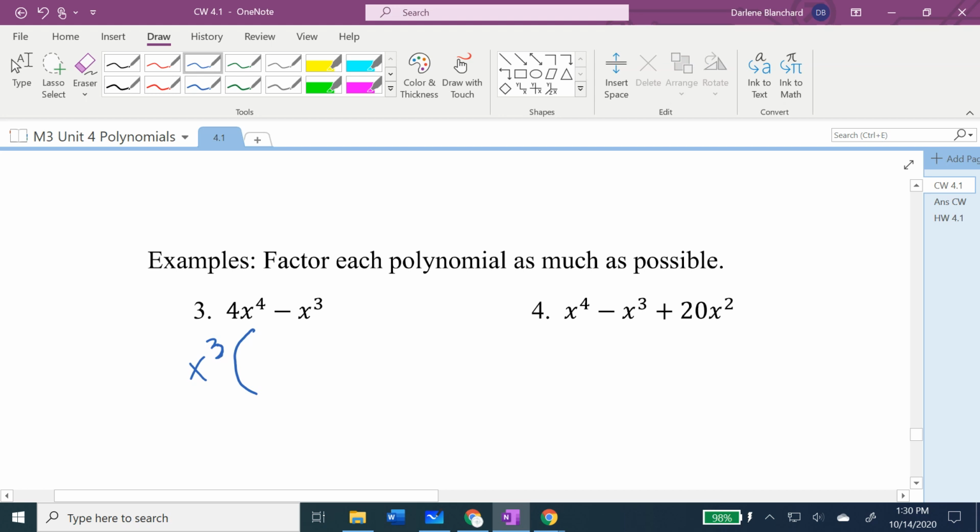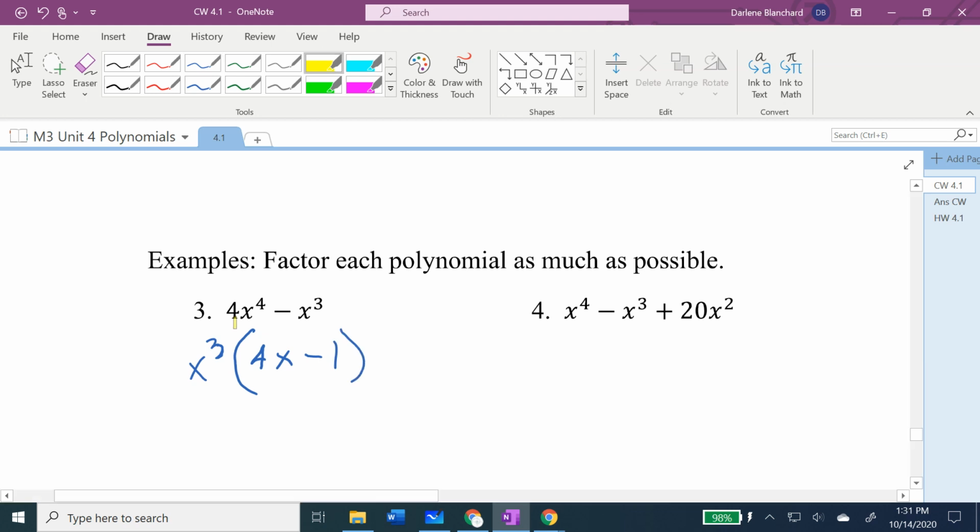So you're looking at what is 4x to the fourth divided by x to the third power, and hopefully you see that is 4x, right? Minus, and then what is left when I divide x cubed by x cubed? 1.